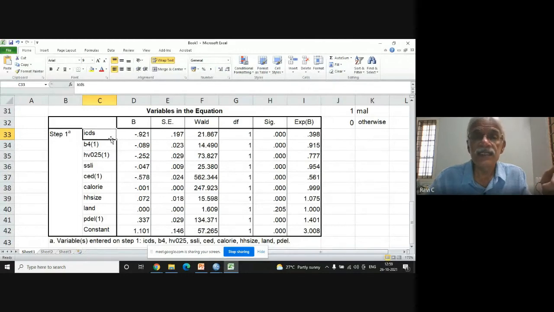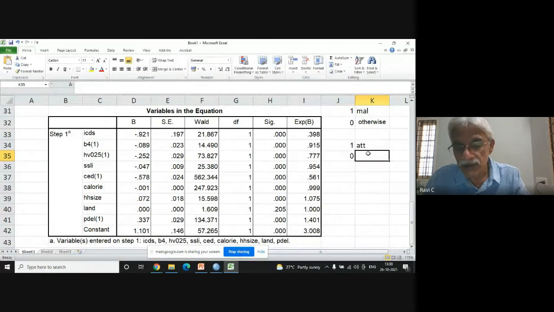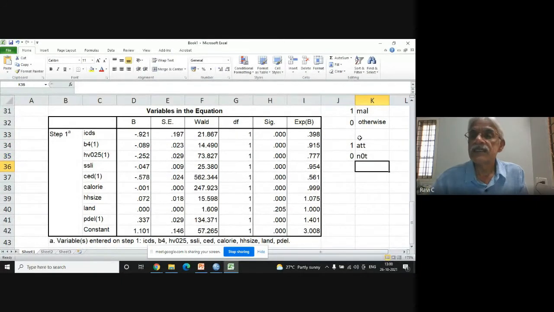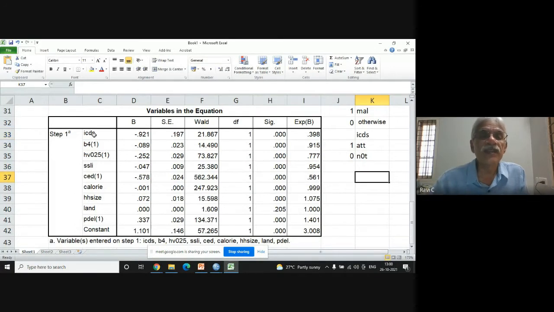Now, when I say ICDS, ICDS takes value 1 if he is attending, 0 if not. Now look at this sign. It says 0.921.